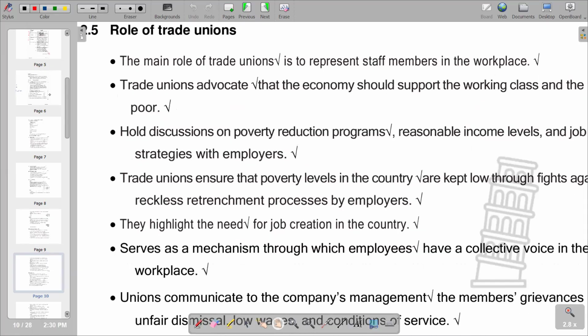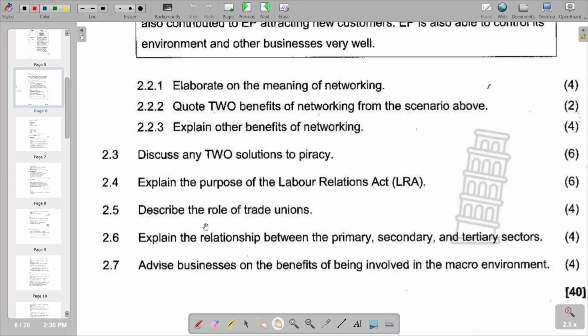So moving on to the next question, we have question 2.6, which reads, explain the relationship between primary, secondary, and tertiary sectors. We know that there is an interconnection between these 3 sectors, whereby the primary sector provides the secondary sector with raw materials, and the secondary sector manufactures the product and supplies the tertiary, and also supplies the primary sector.